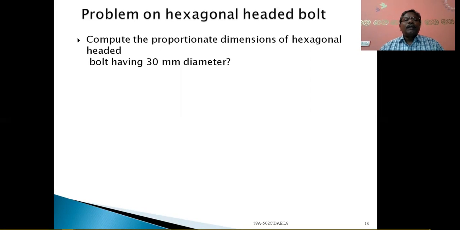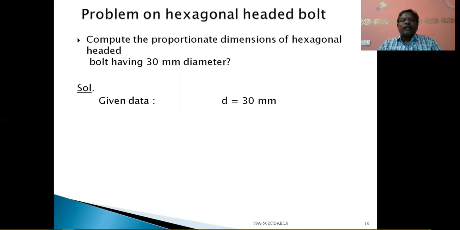So let us see. The solution: first is the given data. In this given data, nominal diameter D is equal to 30 millimeters.